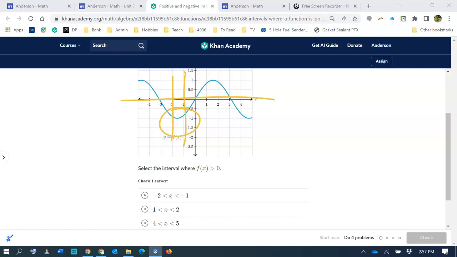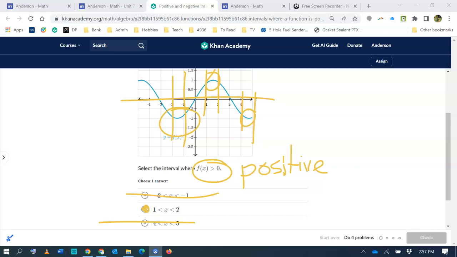And this is actually asking select the interval where f of x is greater than 0, which would be positive. So A is a negative interval, not A. From 1 to 2, that is positive. So B is an answer. And then from 4 to 5, we are negative. So it is not C. The answer here is B.